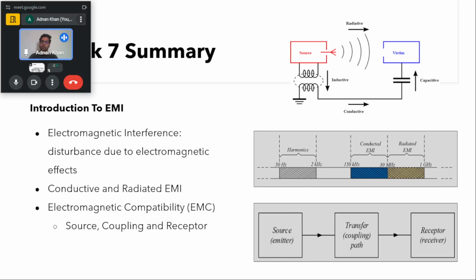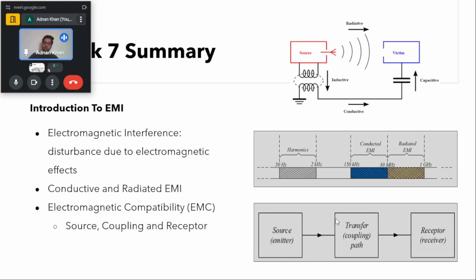So we have to always keep this EMI under check, and there are certain standards that have been provided, and our converters should meet those standards.